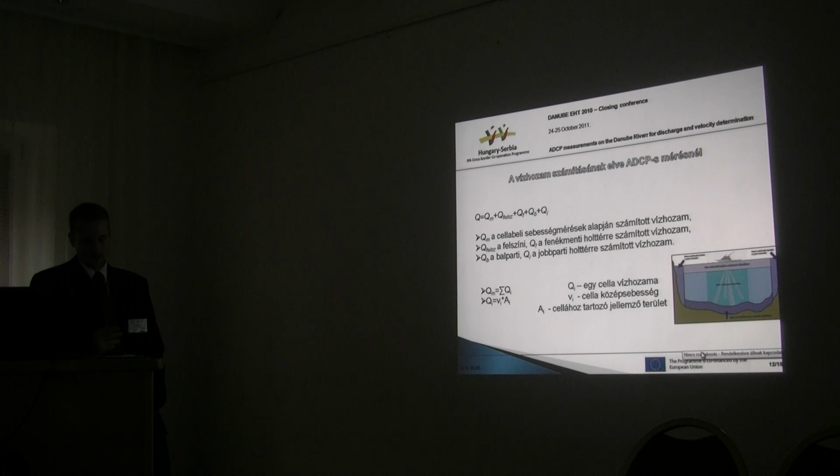This way, we will get the discharge for the whole cross-section from the discharge measured in the different cells, plus the discharge interpolated for the surface and bottom zones, and the parts of the section close to the left and the right bank.